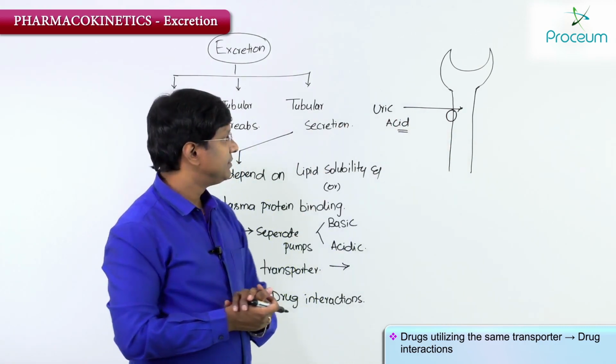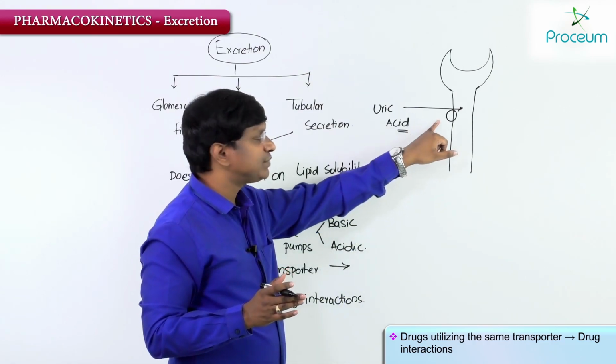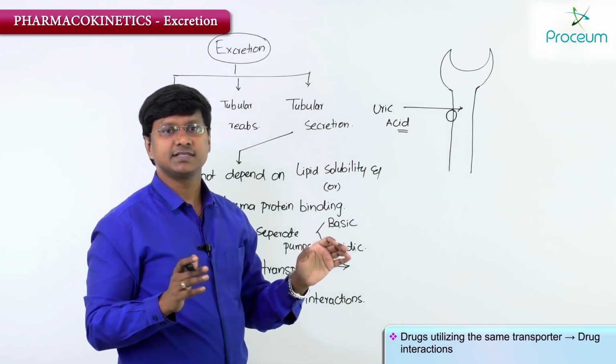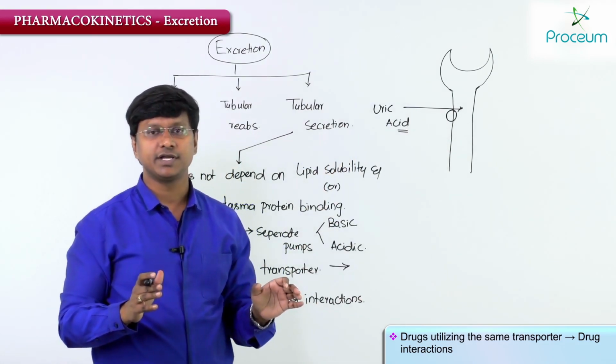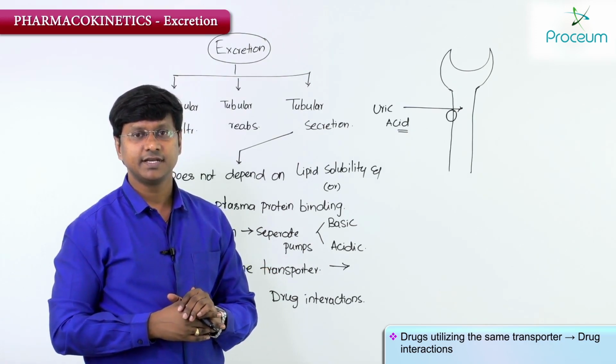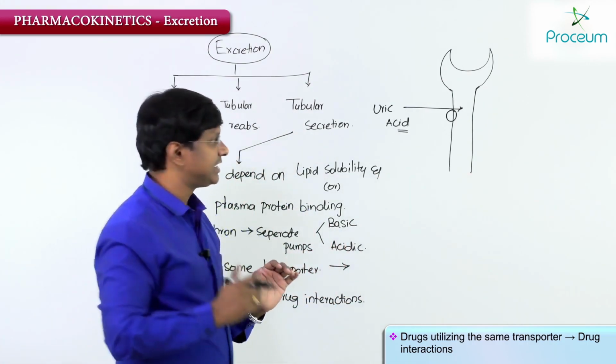Now remember, the drug which competes with this transporter is penicillin. So drugs utilizing the same transporter may show drug interaction. Example: you take penicillin, probenecid, and uric acid.